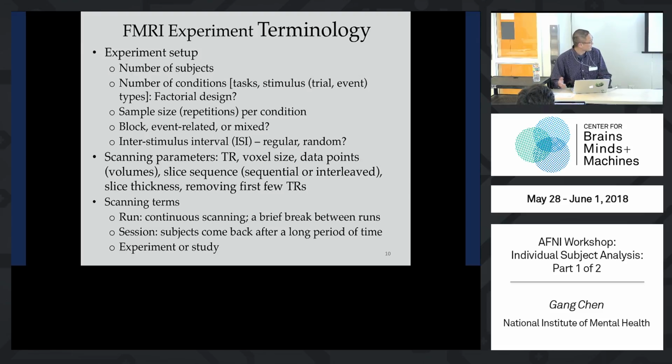That's just for convenience when people describe a design. Sometimes you have a mixture, right? You have a cue to show the subject, to tell them something is upcoming. The cue may be just 500 milliseconds or even shorter. But then later on, the real task may last a few seconds or even longer. So you could have a mixture of events and blocks.